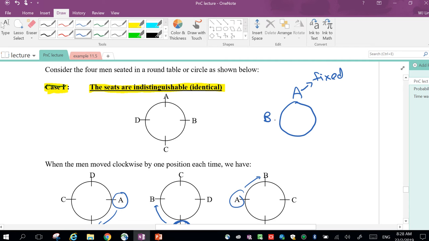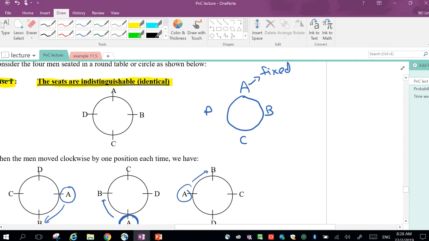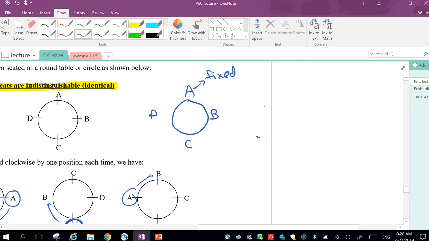So it's B, C, D, this is one way of arranging. Or you can fix your A and arrange C, B, D, and so on. So therefore, you will have 4 minus 1 factorial, which is 3 factorial.